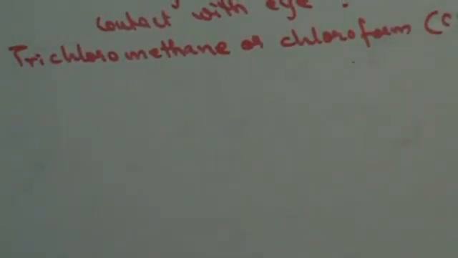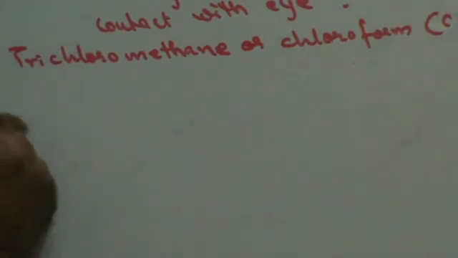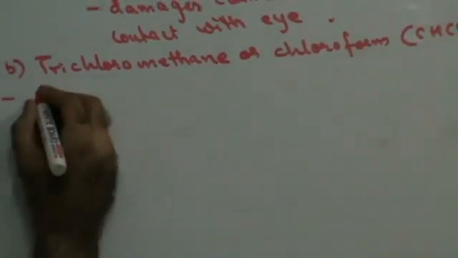It is used in the production of chlorofluoromethane, which is a refrigerant, used as a cooling gas. Then it is also used as a solvent for fats. It is used in the pharmaceutical industry. It is used for producing dyes and pesticides.